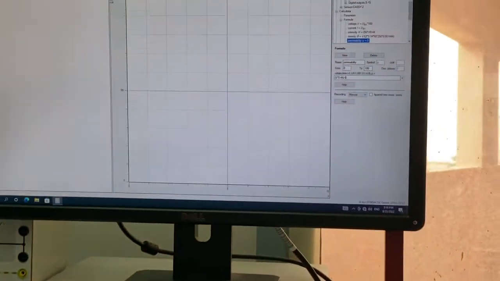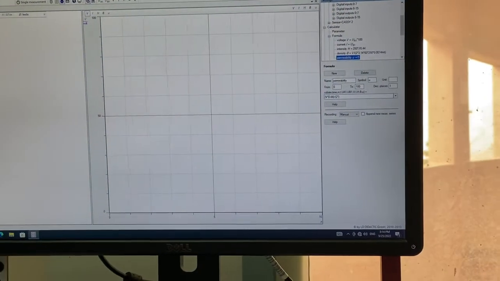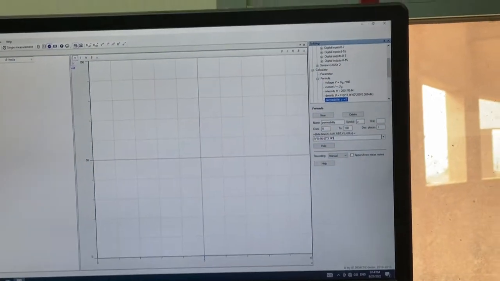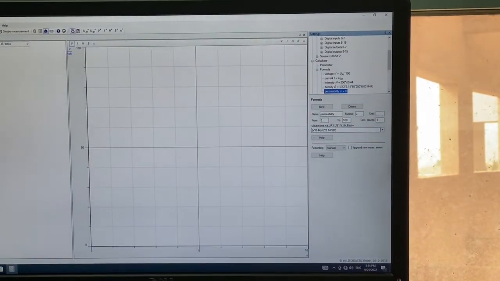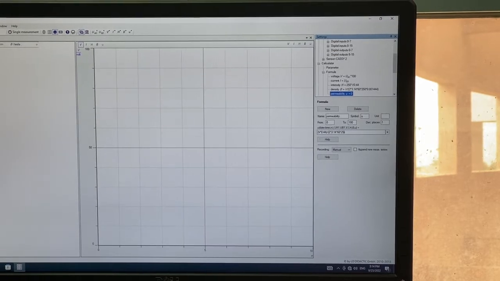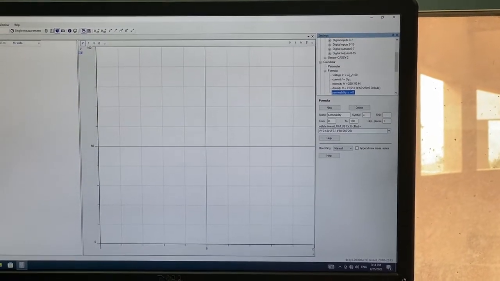So this is omega. Omega is again 2 multiply with 3.14 multiply with 60. So this is our omega multiply with n square. You cannot put a square, so it should be 250 multiply with 250. Are you with me? Yes.